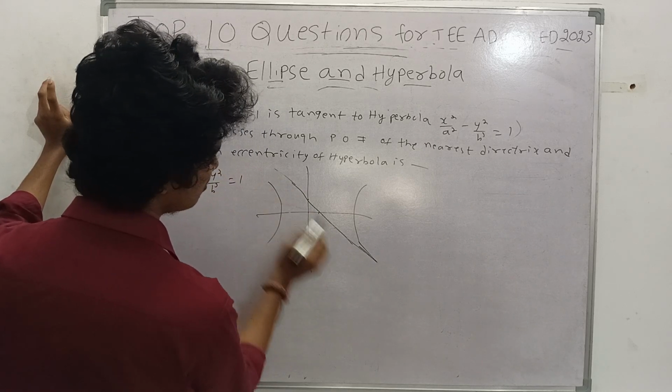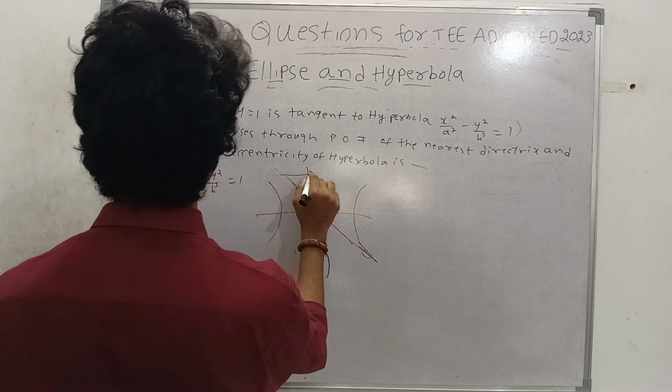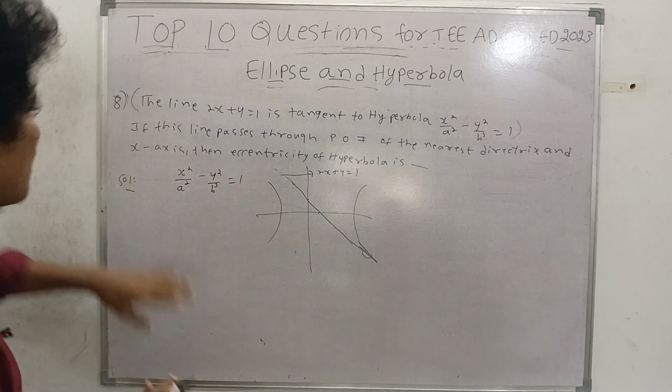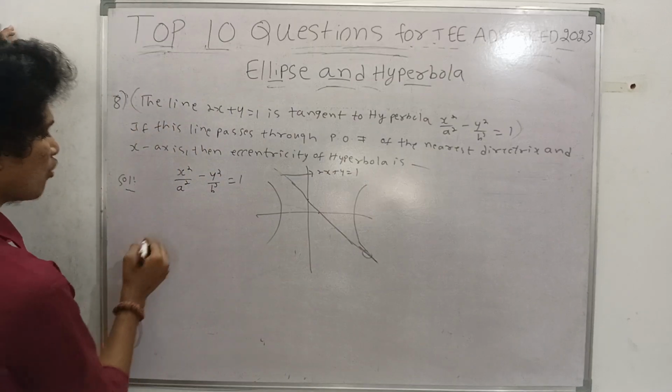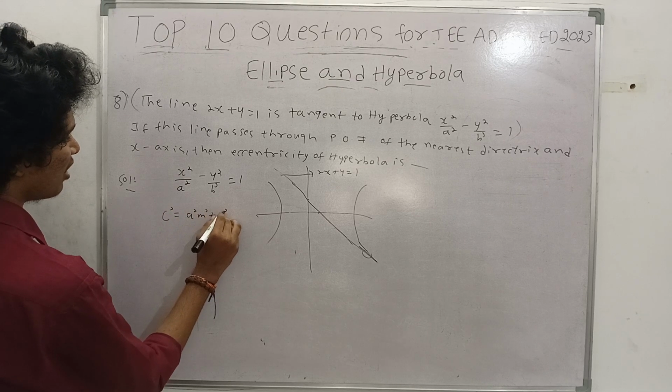This is a tangent. They gave that this line is a tangent. When a line is given, I already said how to check the tangent condition: c square equal to a square m square plus b square. I already said that to you.